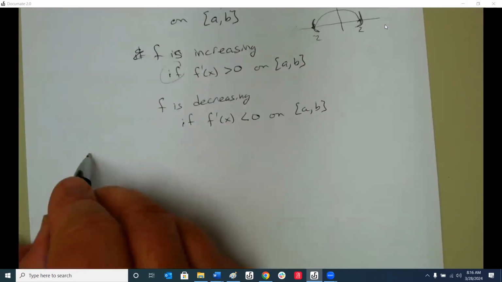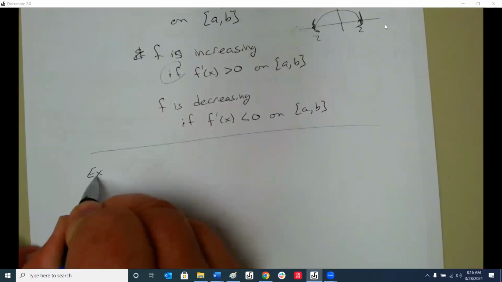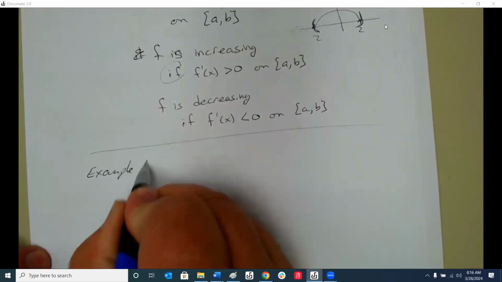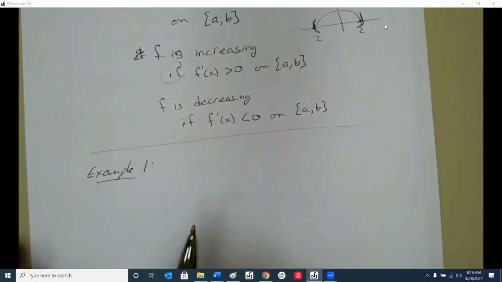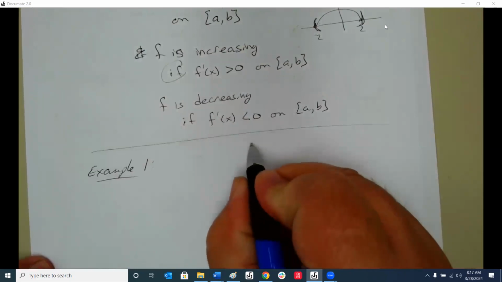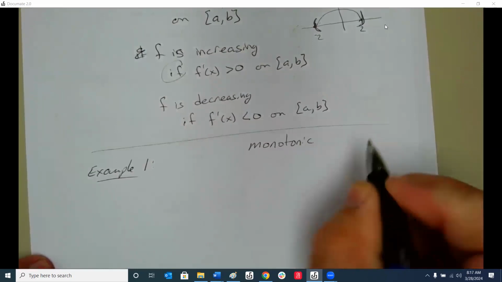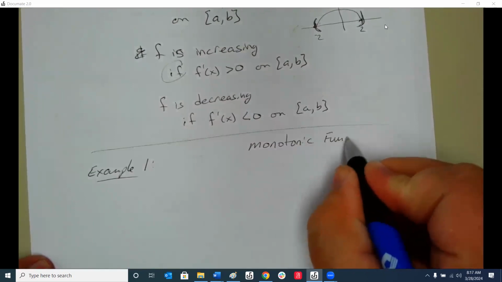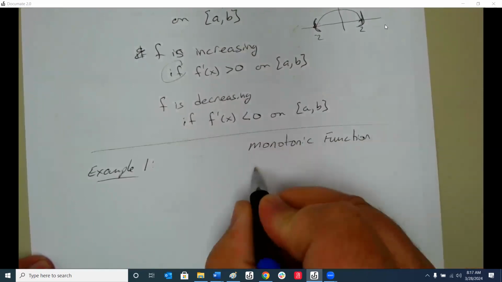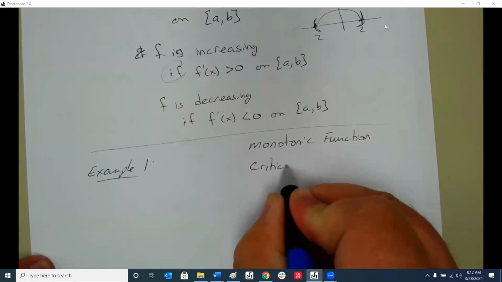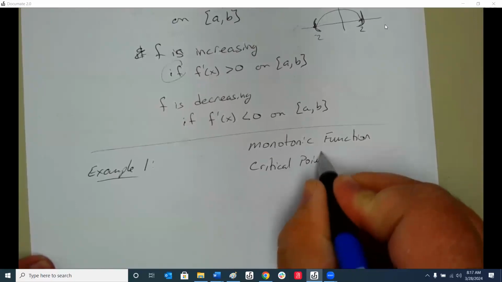So let's look at example 1. Find the critical points. Okay, we have to find something else here. Before we do example 1, we have a couple things: a monotonic function and critical points.